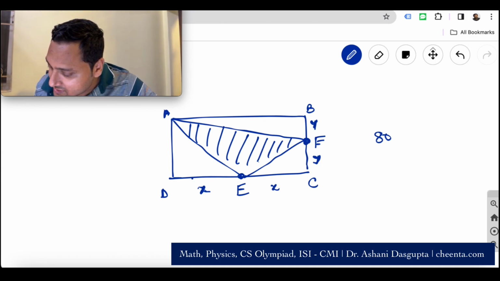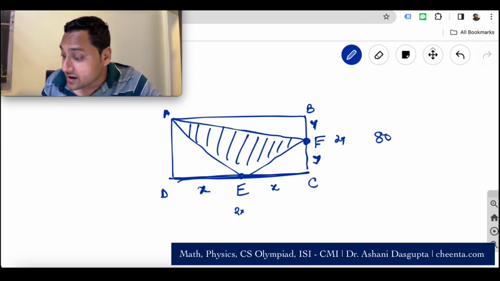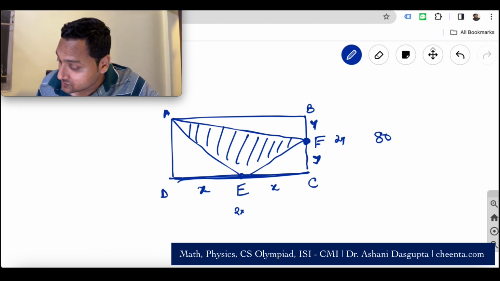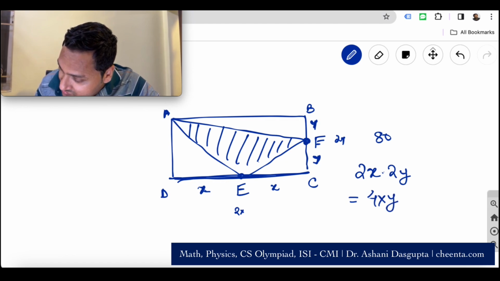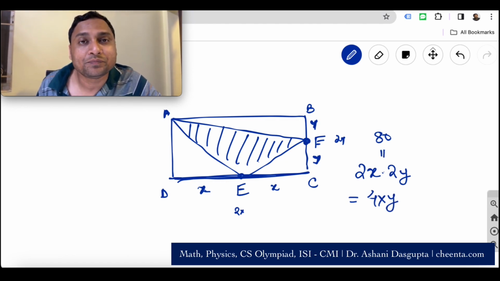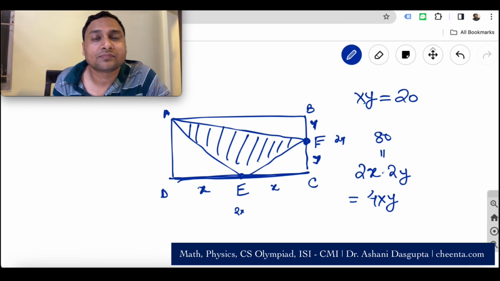Now you can easily see that the side CD is 2x and the side BC is 2y. So the area of the rectangle is 2x times 2y or 4xy, which is obviously equal to 80. Which basically means that xy is 20, right?